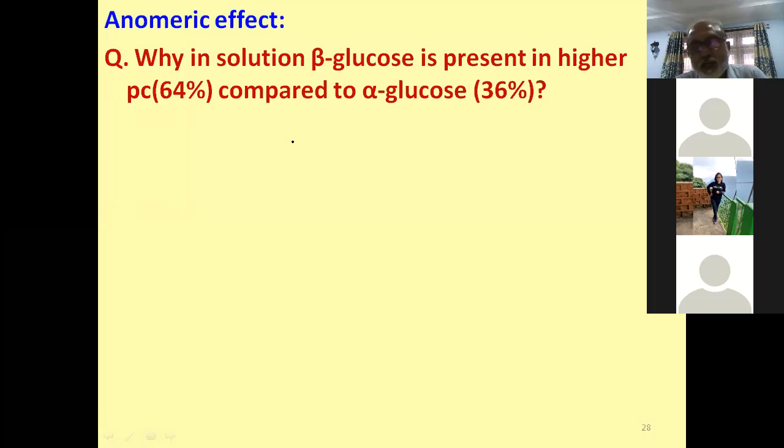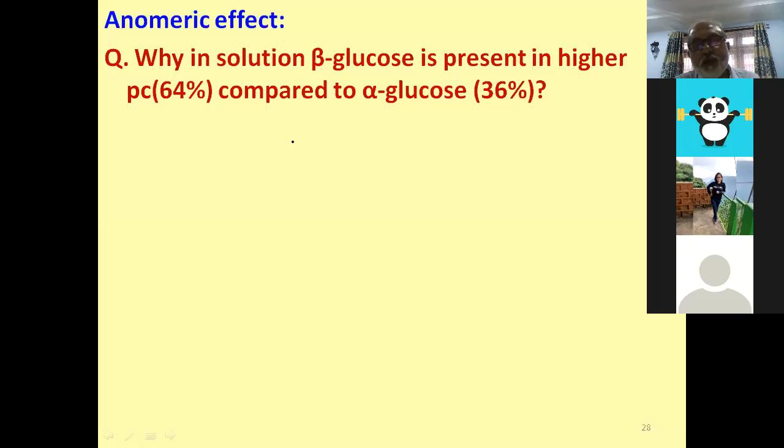It's not exactly that figure, but it's close to that, and it is a natural phenomenon. If you put only alpha glucose in solution, it will adjust to this figure and become this mixture of alpha and beta.